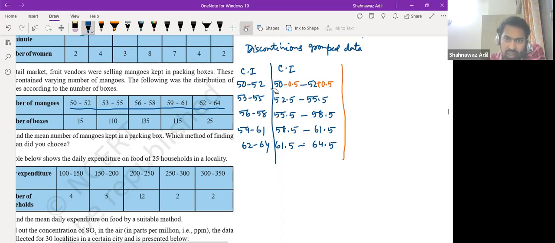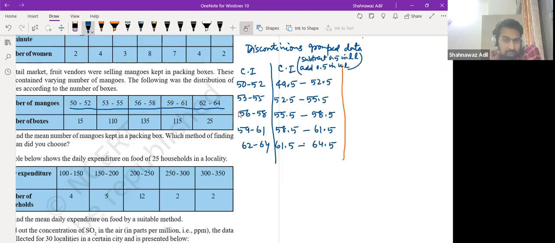So this is 49.5 to 52.5. So subtract 0.5 in the lower limit, and add 0.5 in the upper limit. Okay. So now this is my new class interval.